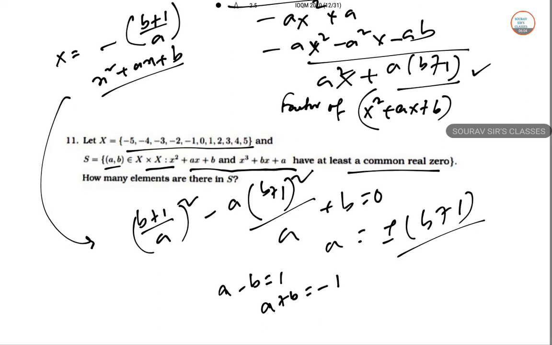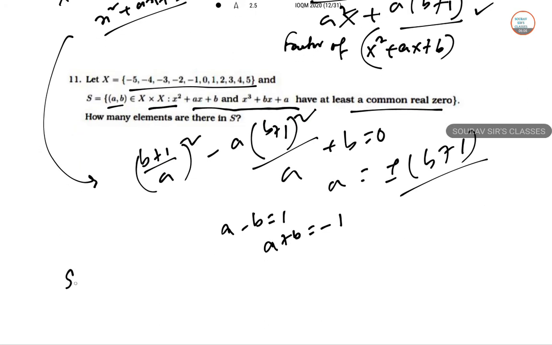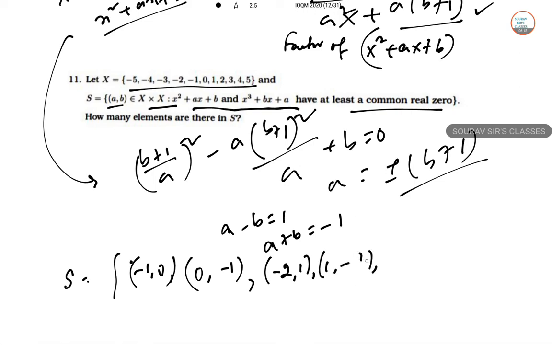So the possible set is minus 1 0, 0 minus 1, minus 2 and 1, 1 and minus 2, then minus 3 and 2, and 2 and minus 3.